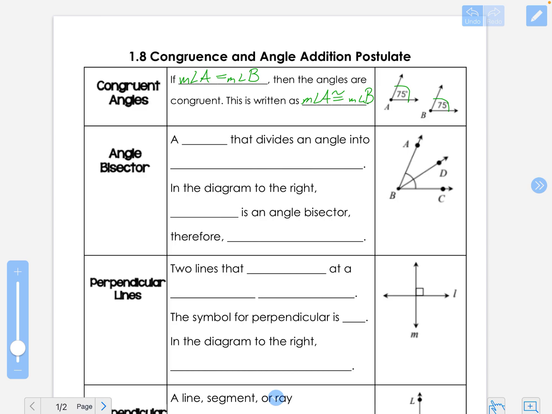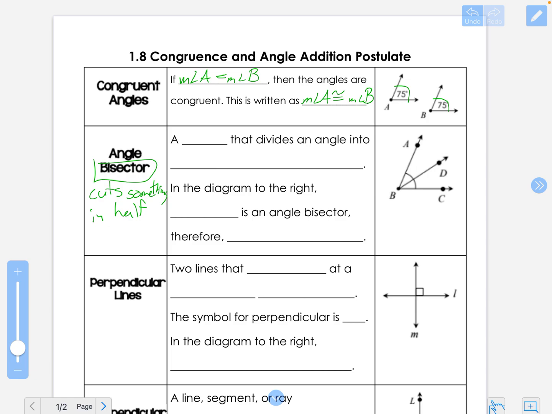Another concept that we talked about with line segments is segment bisectors. A bisector is anything that cuts something in half. We can have a segment bisector that cuts a line segment in half, and an angle bisector that cuts an angle in half.